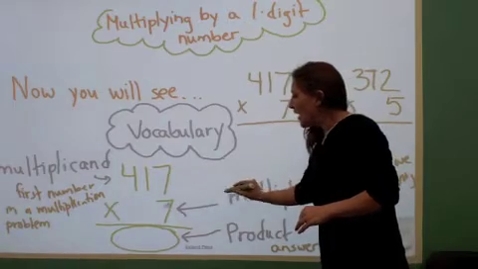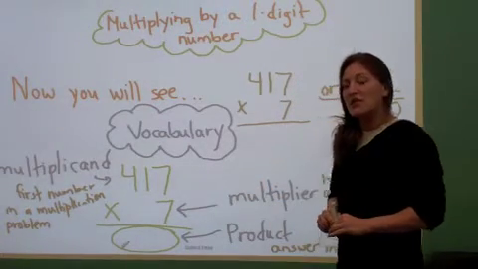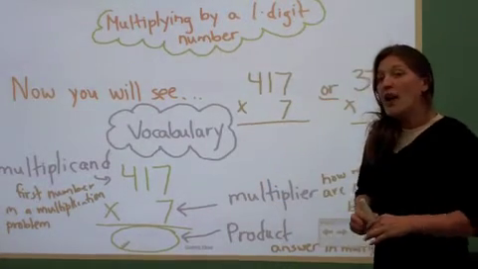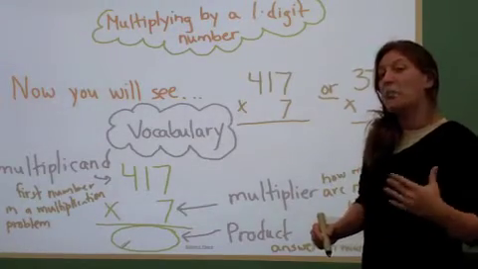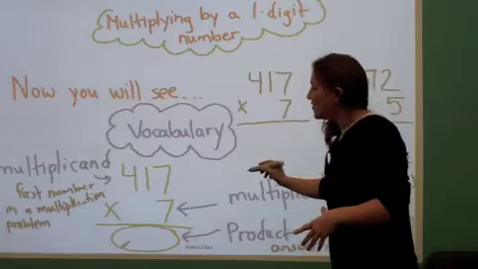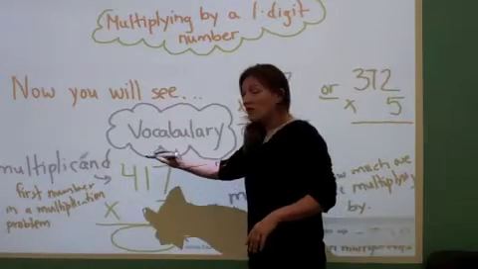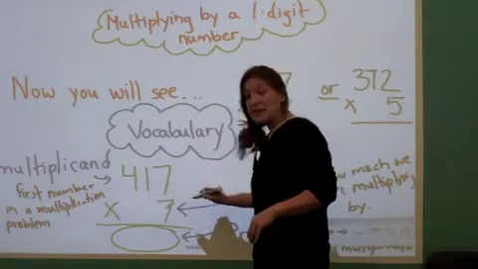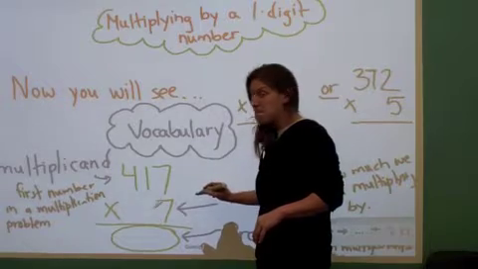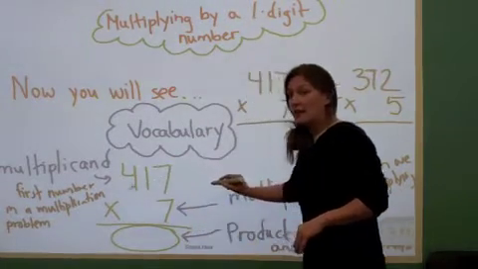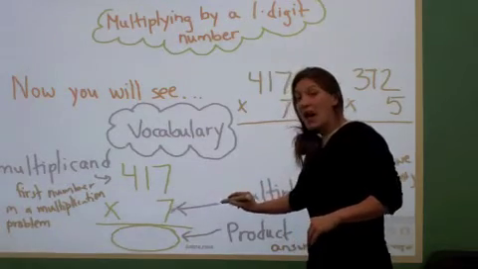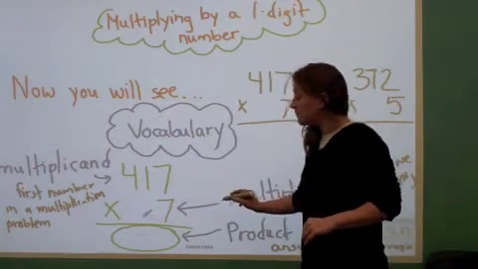The next number in a multiplication problem is called the multiplier. And the multiplier is how much we are multiplying by. So in this case, we are multiplying the multiplicand 7 different times, okay? So the multiplicand is what is repeating, and this is how many times it is repeating.